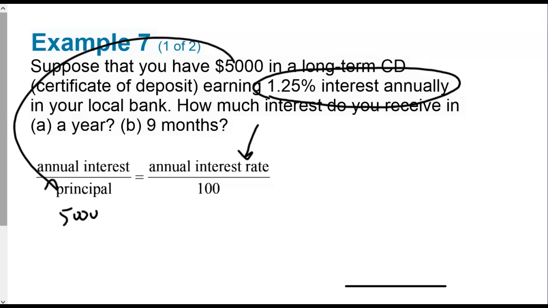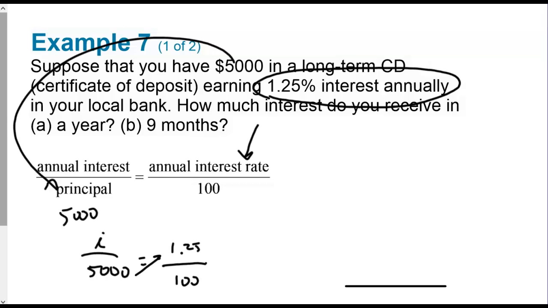The principal is $5,000. So we'll go ahead and set this up a little better here. We'll use I for our interest over 5,000, and 1.25 is our annual interest rate over 100.